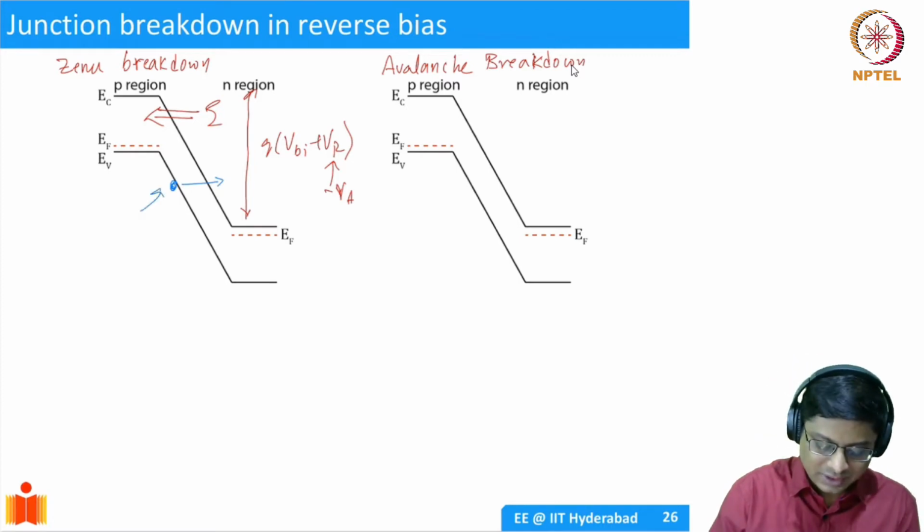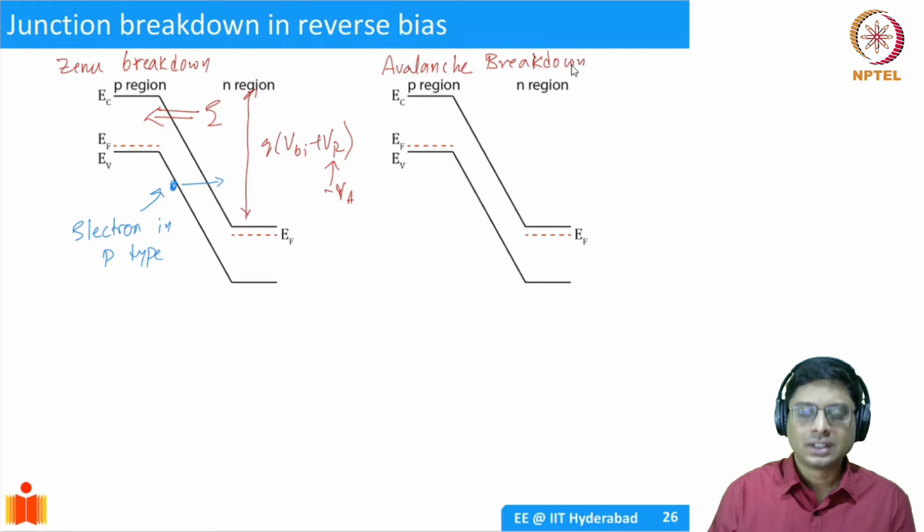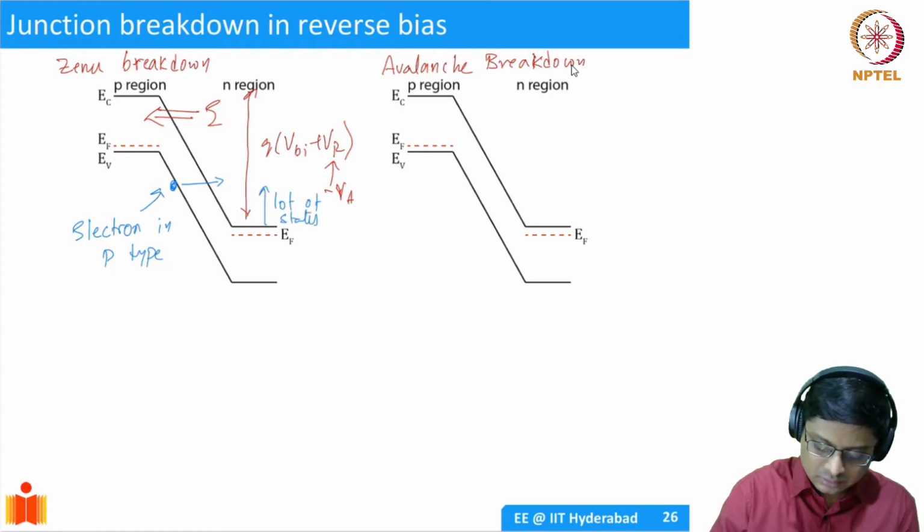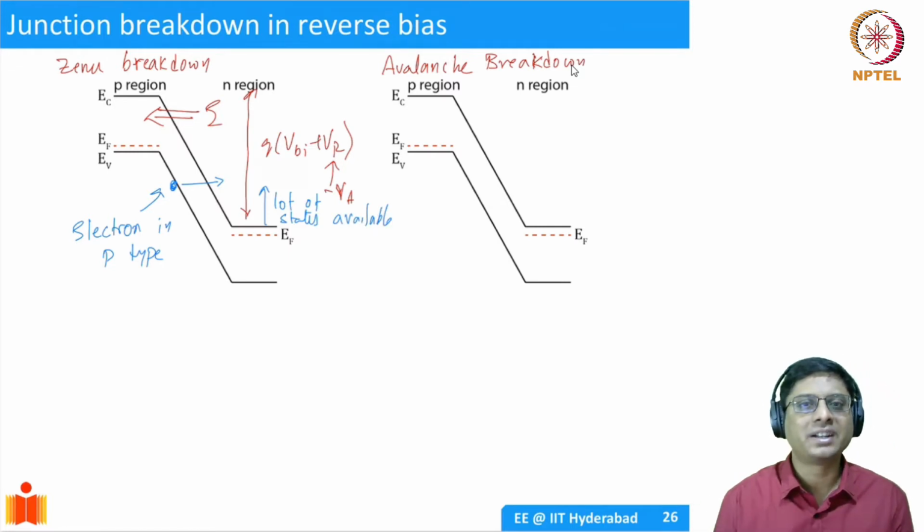So this is basically an electron in p-type semiconductor. And here you see, as we have studied, as you go deeper, there are a lot of states available. Right? It's all empty. You have a lot of states in the conduction band available.